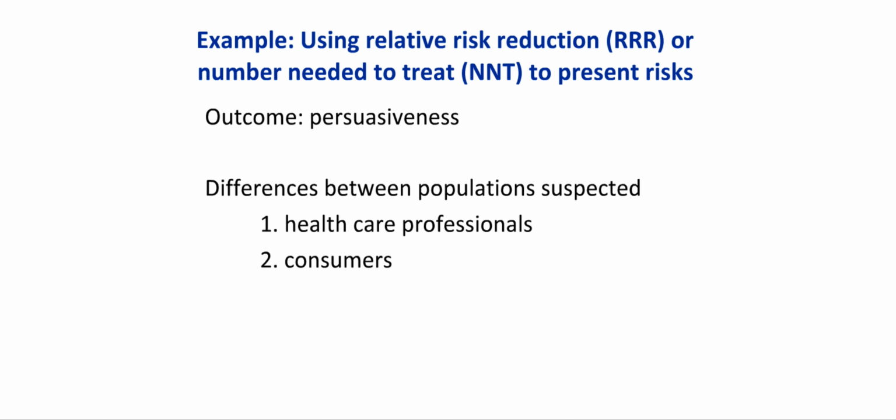The next example is from a different Cochrane systematic review focusing on the effects of presenting statistical information. The systematic reviewers suspected a priori that there are differences between healthcare professionals and consumers.